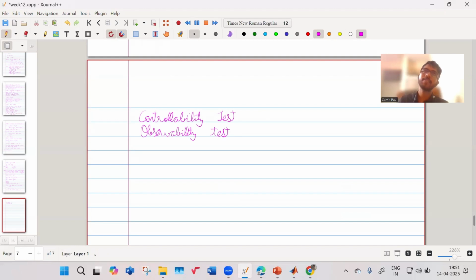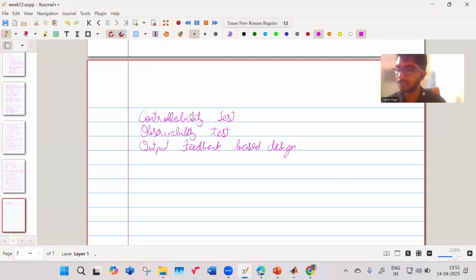After that, output feedback based design was also carried out, and the response also was shown.